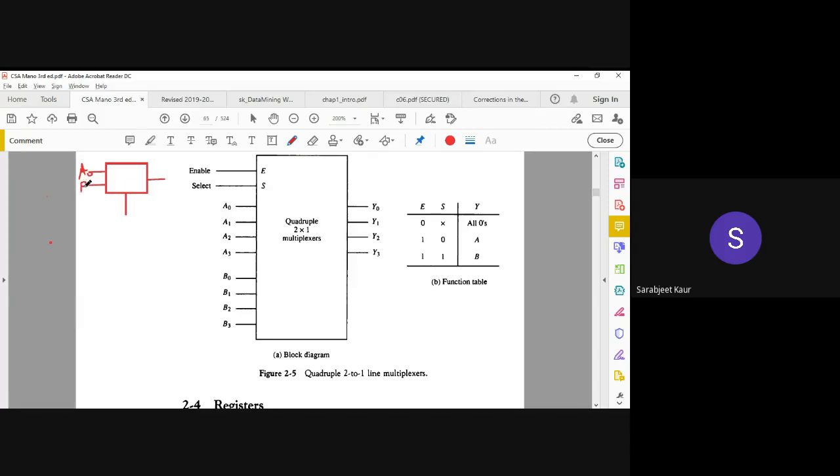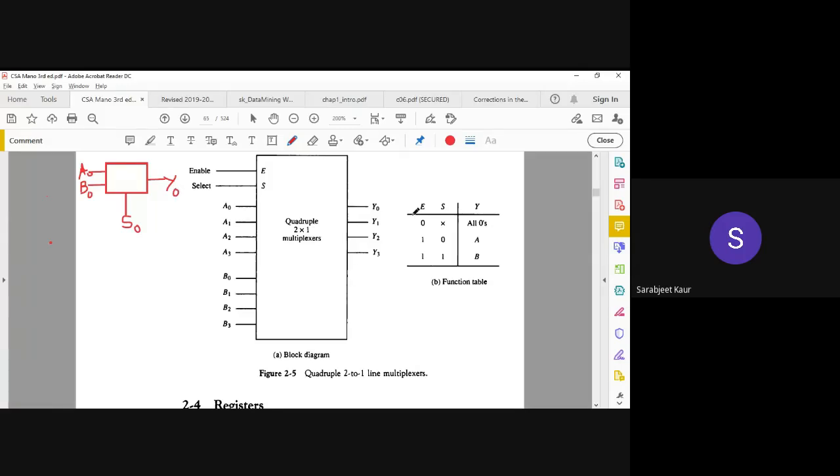Are you able to understand what is being written? Yes, ma'am. Then I'll have a selection line, let's call it S0, and the output line, let's call it Y0.